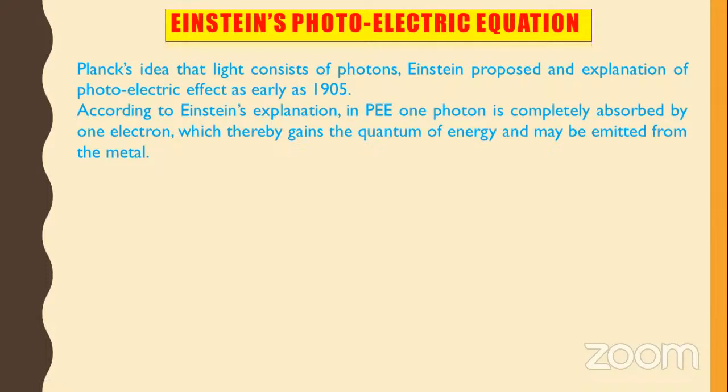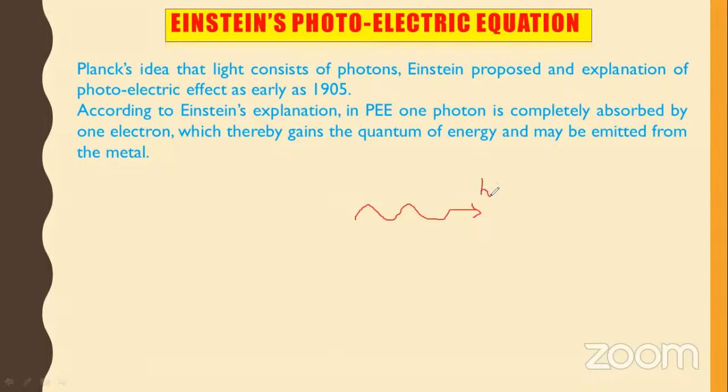According to that explanation, one photon is completely absorbed by one electron. The photon is the light energy. I just want to show you the symbolic representation of the photon here.